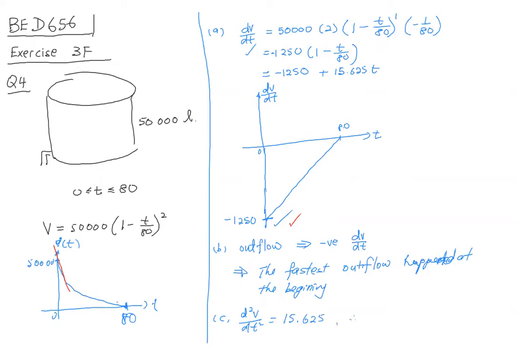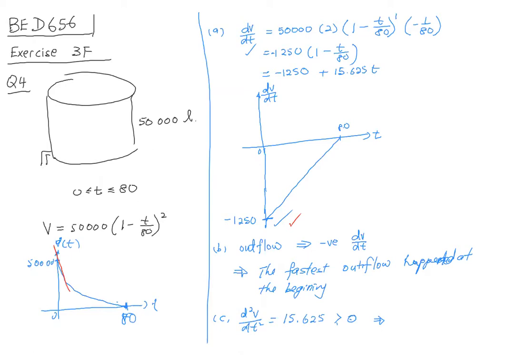So therefore, it shows that it's always constant, and positive. This is greater than 0. And interpret this result. So what does that mean? How to interpret this result? Can I have someone to help me to interpret the result?